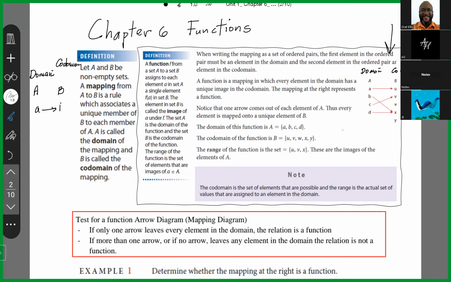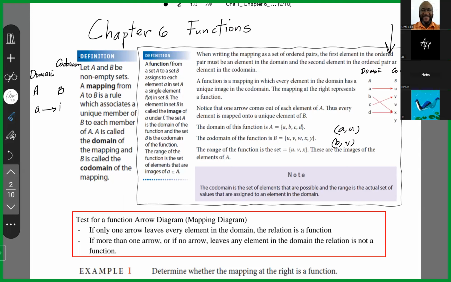The first ordered pair would be A, U. That's an ordered pair. The second ordered pair would be B, V. Whenever you have the elements of your function arranged like this, it's called an ordered pair. The first element in the ordered pair is the domain, and the second element is the codomain.